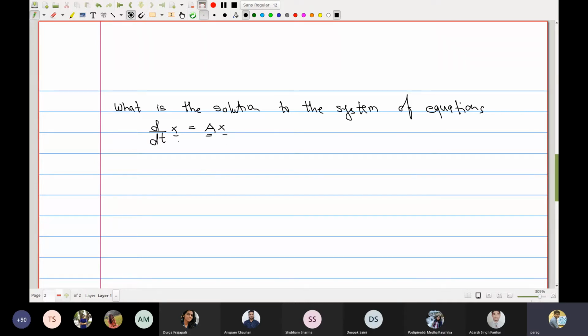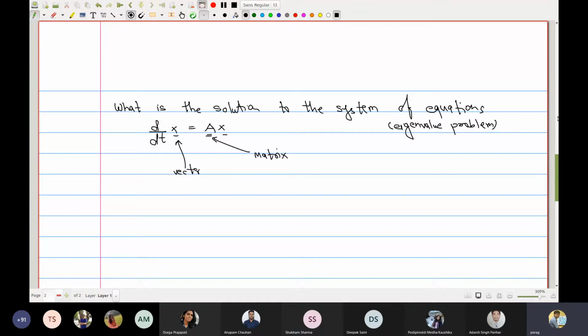If we do not remember the notation, a single underscore means a vector and a double underscore means a matrix. So you have a dynamical variable x and you have the coefficient matrix A. And what is the solution to this system of equations, which is an eigenvalue problem?